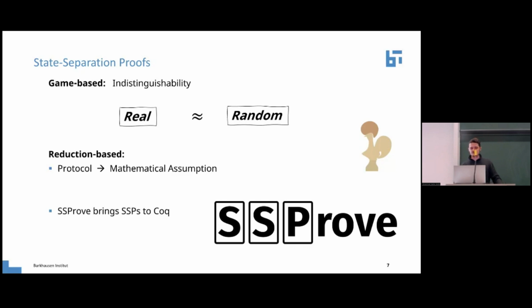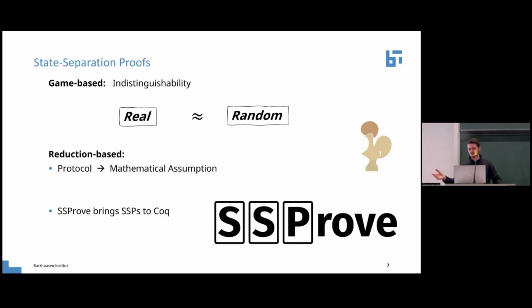And then the second idea of SSProve, state separation proofs, is that they're reduction-based, which is also typical in cryptography. So we reduce the security of the protocol to some usually mathematical assumptions below. For example, ElGamal is based on Diffie-Hellman, RSA is based on the factoring of big numbers, and so on.